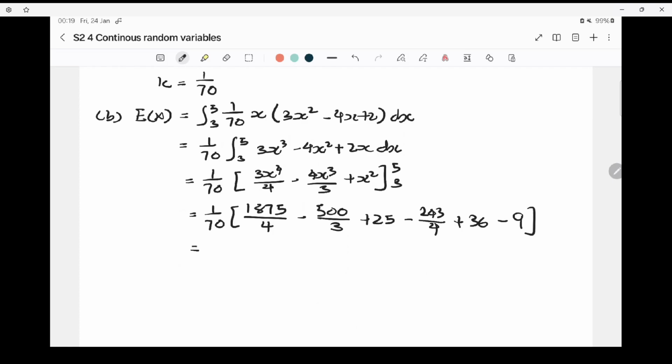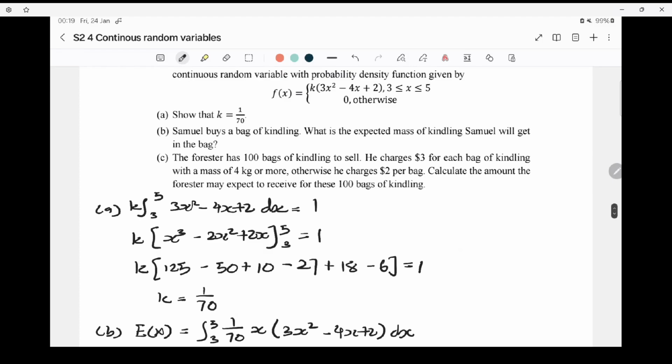So count that. This will be around 4.19 kg.